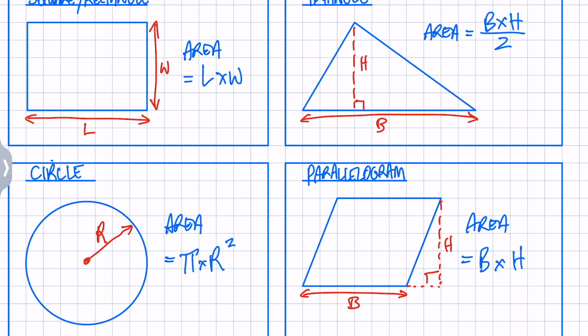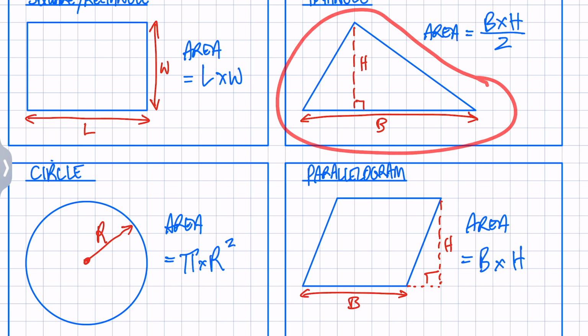Question? What does it say on the triangle one? This one says triangle area is equal to B times H divided by 2. Is that what you're asking about? Yeah. Question? No. So a triangle, what's special about a triangle?